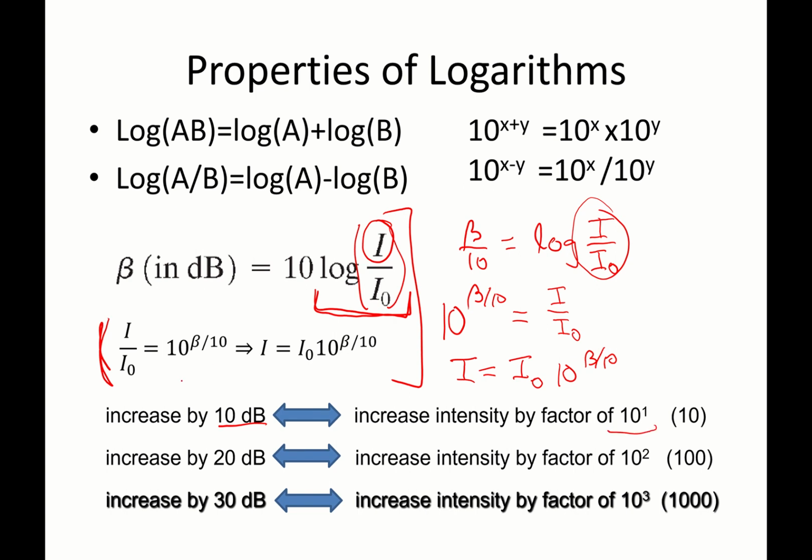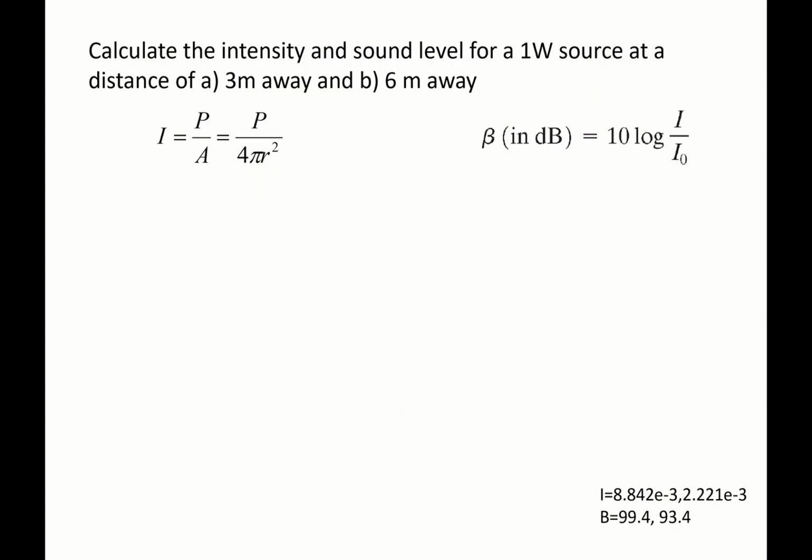So if I go from 100 decibels to 110 decibels, the intensity actually increases by a factor of 10. If I went up by 20 decibels, from 100 to 120, the intensity actually increases 100-fold. And if I increase by 30 decibels, it increases the intensity by 10 to the 3, which is 1,000 times.